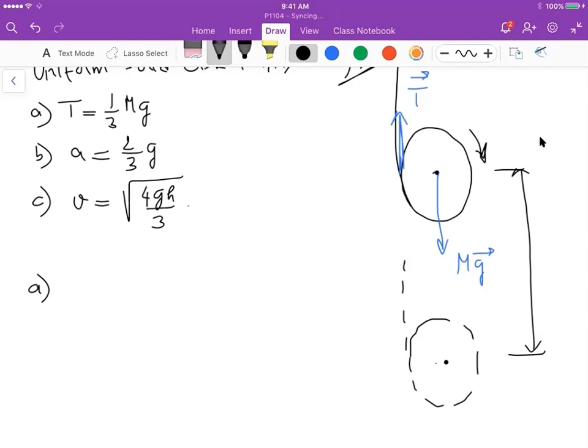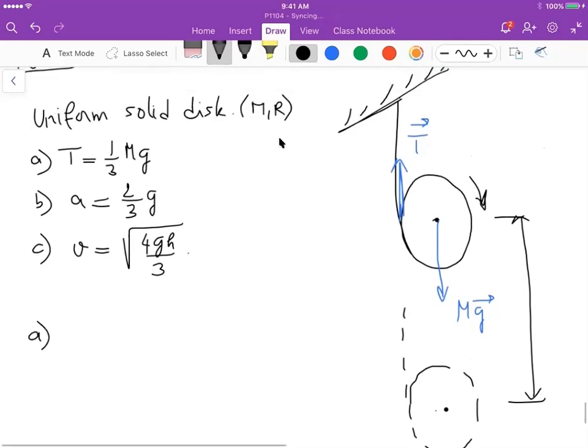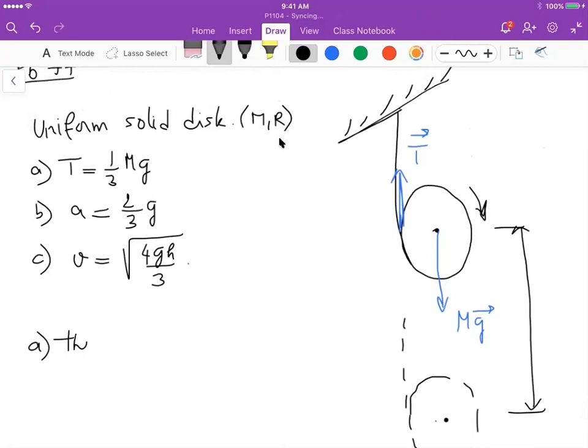This is why we are going to consider Newton's second law in both versions, for the translation and for the rotation. So let's write this down. The disk undergoes a rolling motion, and again here it's a rolling motion.